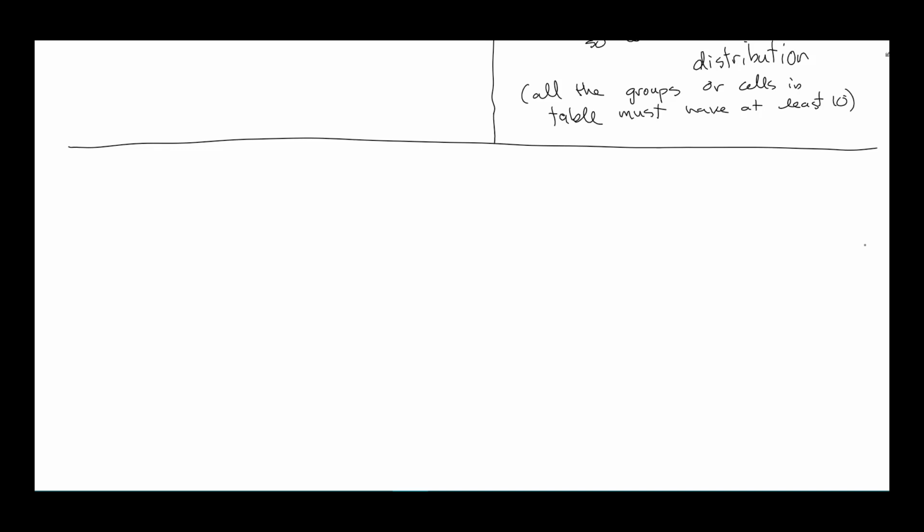So now what we need to do is find our standard error. Remember, this is going to be the sigma, or the standard deviation of all the samples of that size, all the sample proportions.